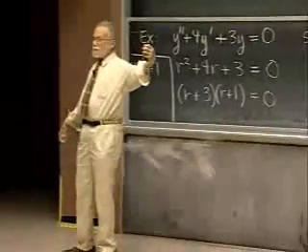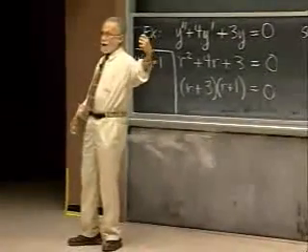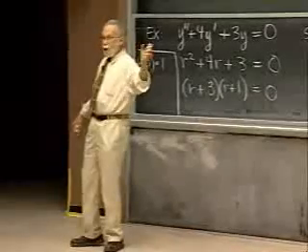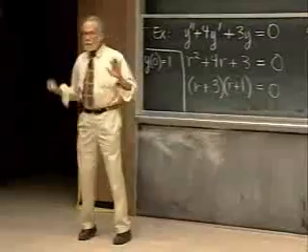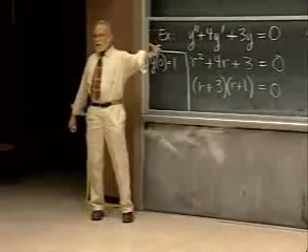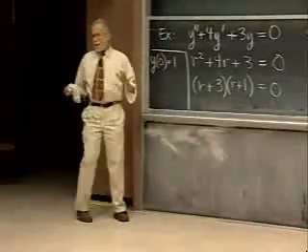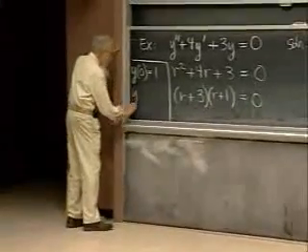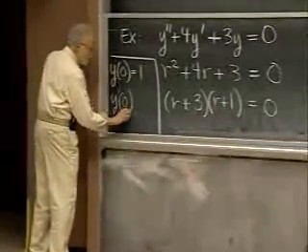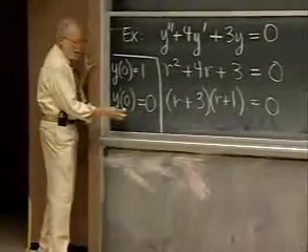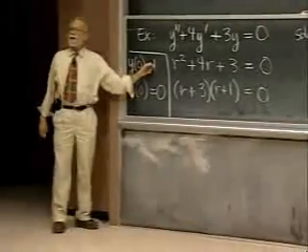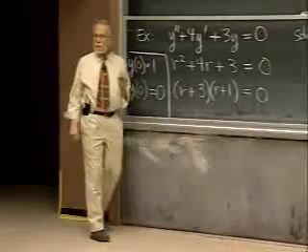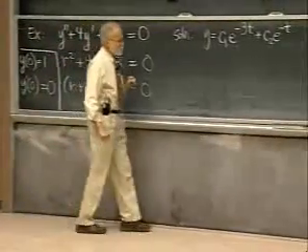So the spring is distended, the mass is over here, but there's no motion at time 0 this way or that way. In other words, I'm not pushing it. I'm just releasing it and letting it do its thing after that. Okay, so y prime of 0, I'll assume, is 0. So it starts at rest, but in the extended position 1 unit to the right of the equilibrium position.